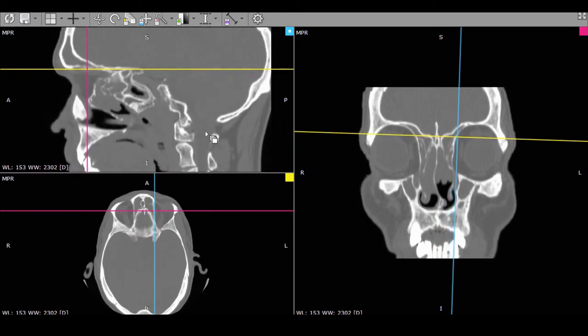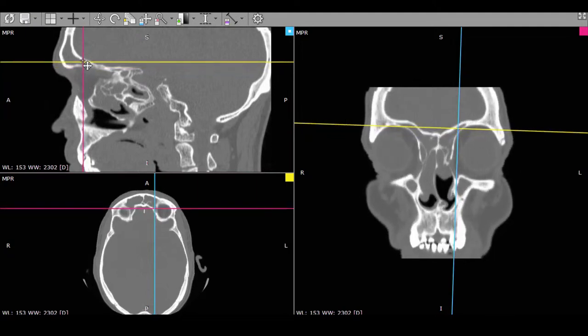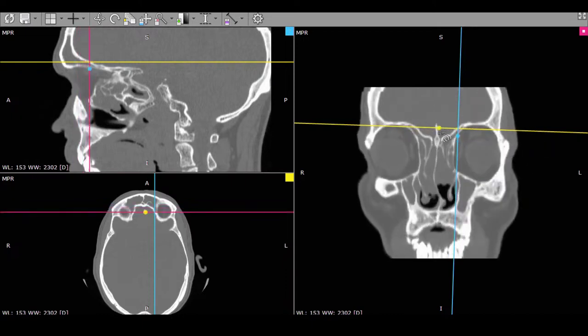See, this orbit is below and this cell is lying above the orbit. I hope it is very clear. See the supraorbital cell in all planes. This is the orbit, and this is above the orbit. But it is not going very posteriorly because this cell is not very pneumatized. We have seen the supraorbital cell pneumatizing even right up to the zygoma, full of pus up to the zygoma.